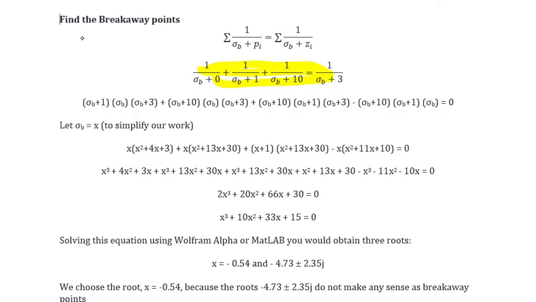When you do some algebra to get from this step to the second step right here, you can see sigma b plus 1 times sigma b plus 3, sigma b plus 10 times sigma b plus 3, and so on, all the way down. And you notice this negative, that's because we took this and moved it to the left side of the equal sign. Okay, so that's great.